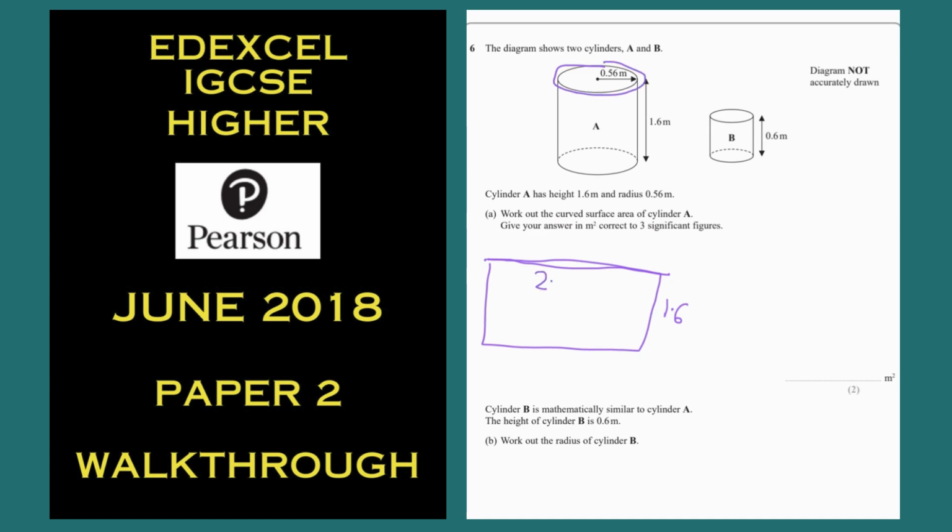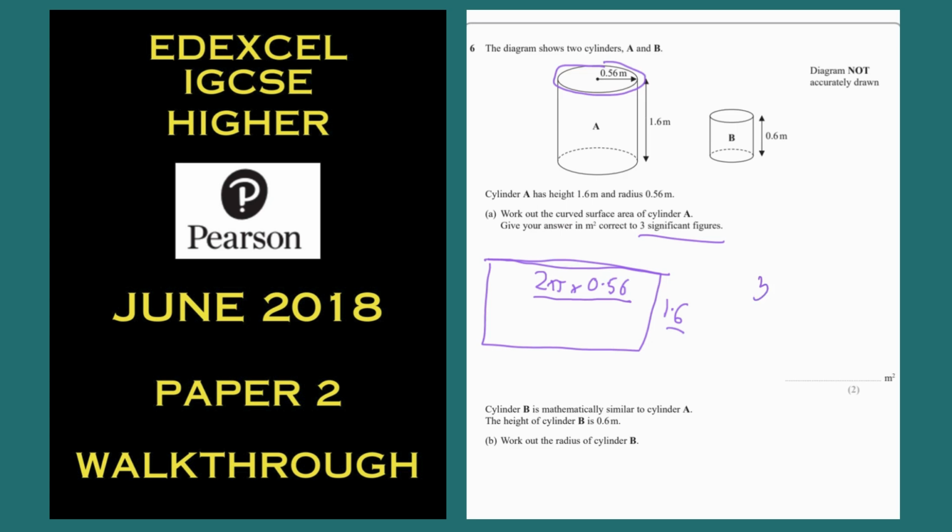In other words, 2 times pi times the radius. So to work out the curved surface area, it really is just the area of a rectangle. On your calc, get those things times 2 times pi times the radius times 1.6.